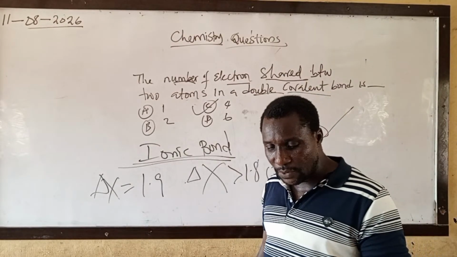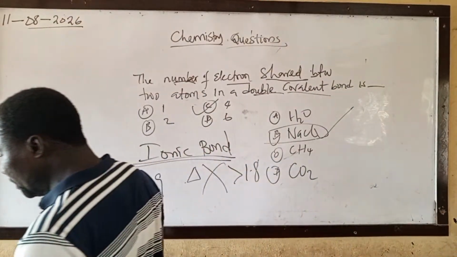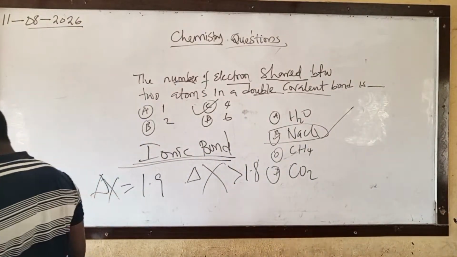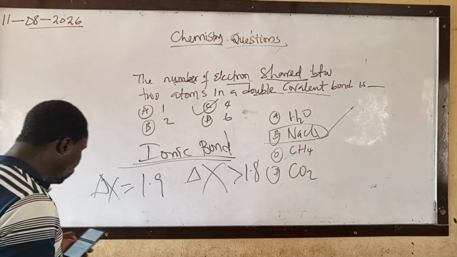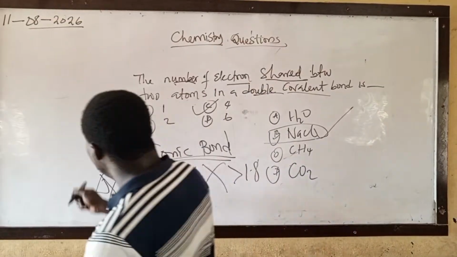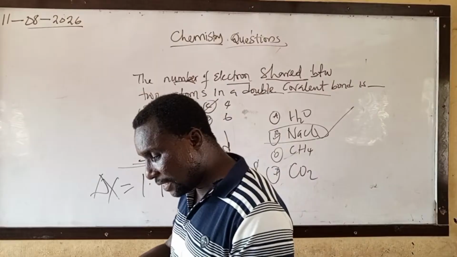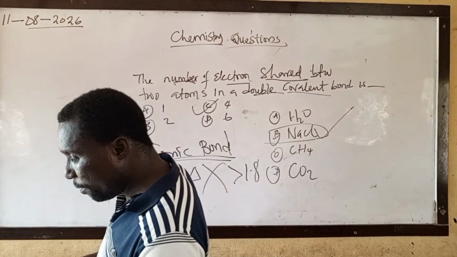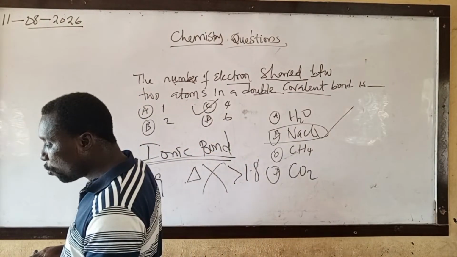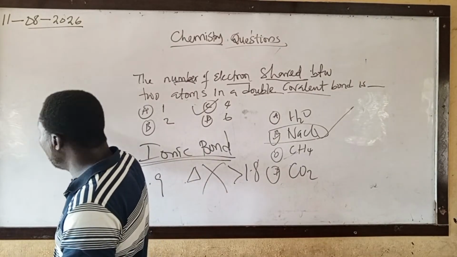The next question, number 7. What kind of bond exists between the two chlorine atoms in a chlorine molecule?